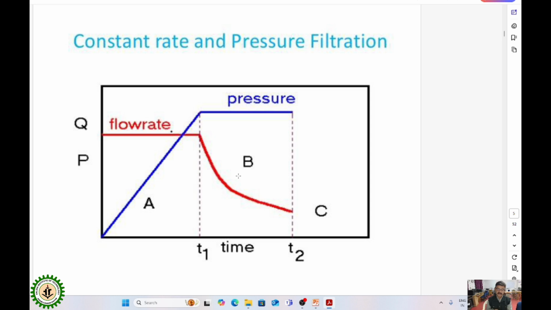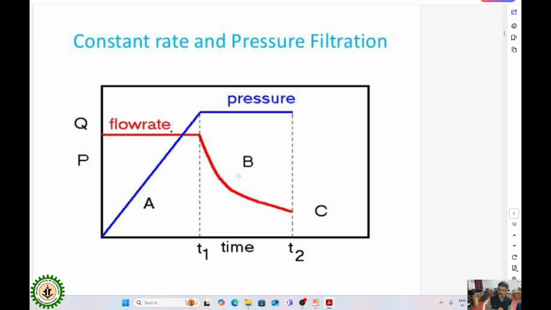So obviously, by increasing the layer of deposited solid on the surface of the filtering media, the pressure gradient will be gradually increased, isn't it? So what will happen? The rate of filtration will be gradually decreasing.